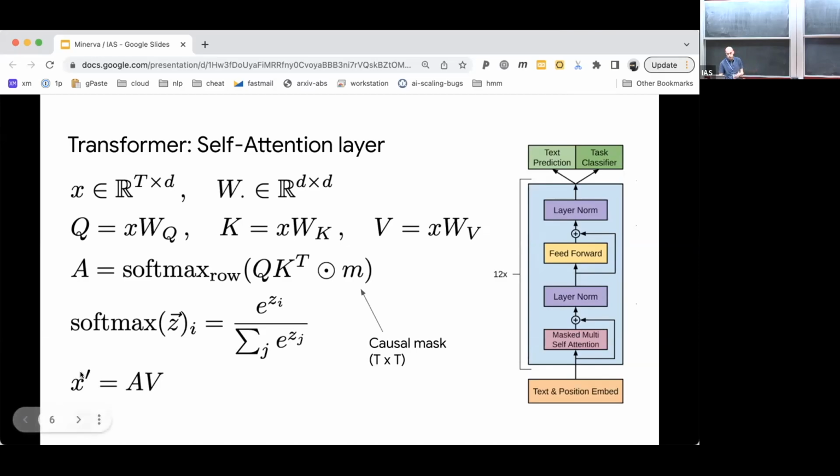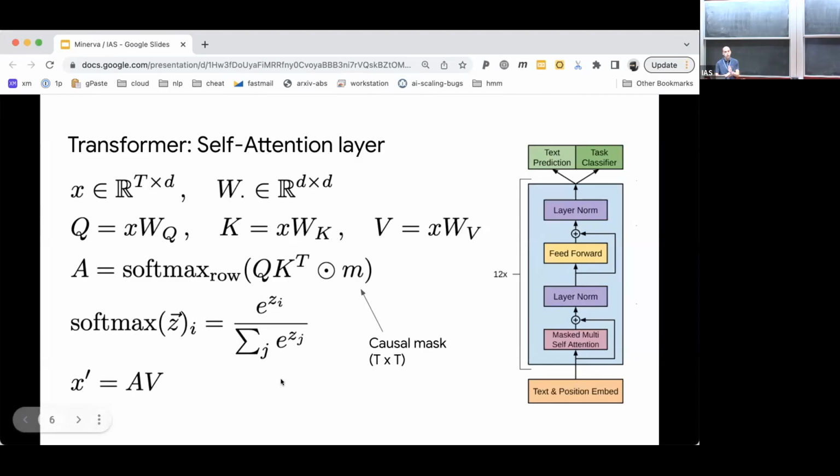So we get a new T by D matrix where we've updated everything based on this calculation that involves all the different tokens. So this isn't like a two-body interaction. This is actually a multi-body interaction because we're normalizing over all these previous tokens. So it's a fairly complicated interaction between the various tokens.